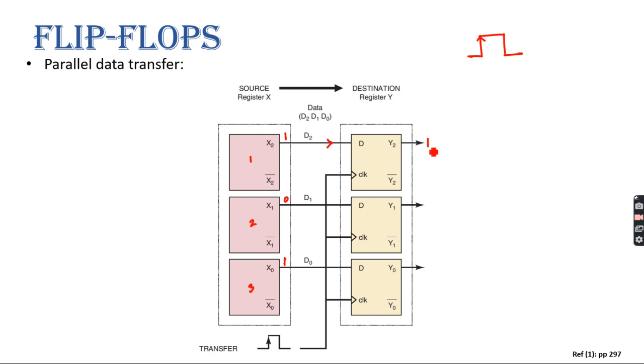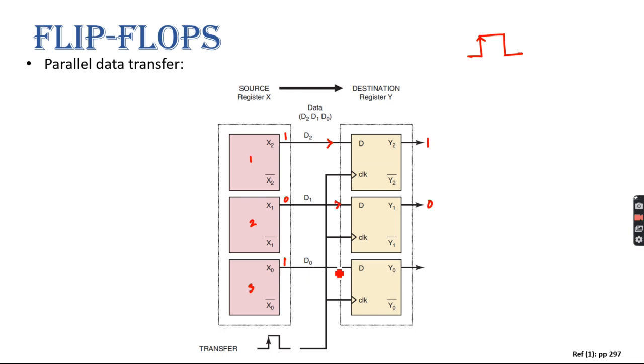Yes, sir. The output should be 1 when it gets the positive edge. Similarly, the output of this flip-flop will be the input of that flip-flop, so whenever it gets the positive edge, the output of this flip-flop will be 0.